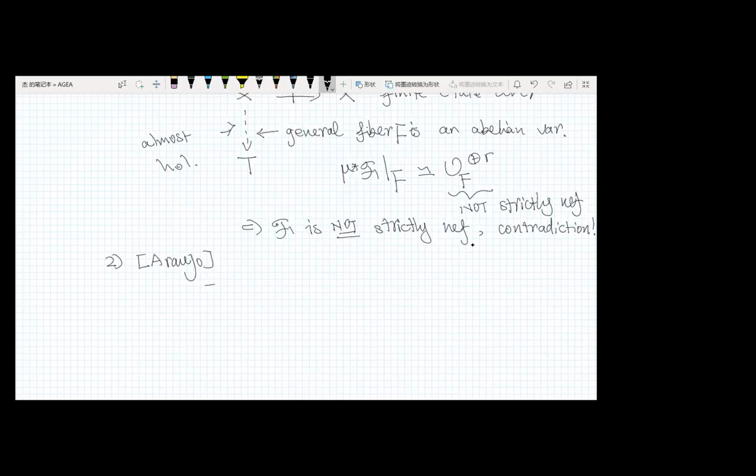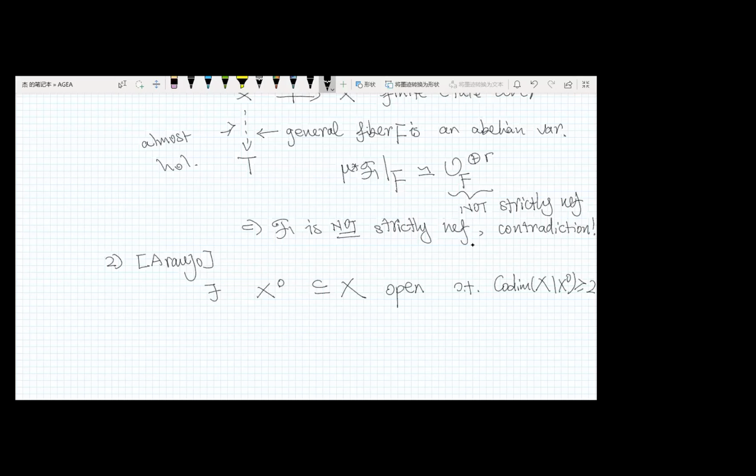Okay, you can find an open subset of X, and the key point is that you can take this X0 to be very large, such that the codimension of its complement is at least 2.